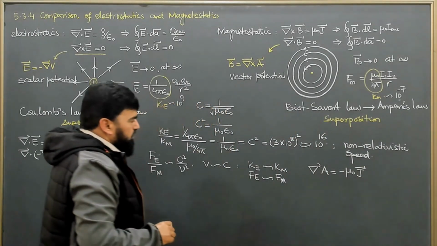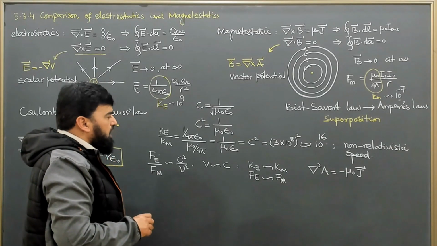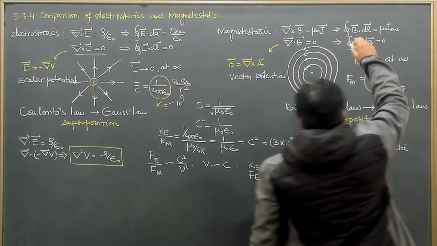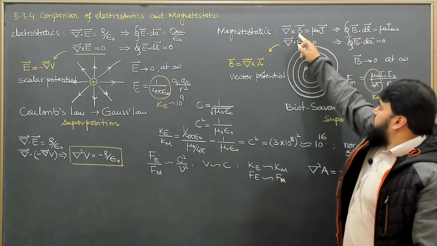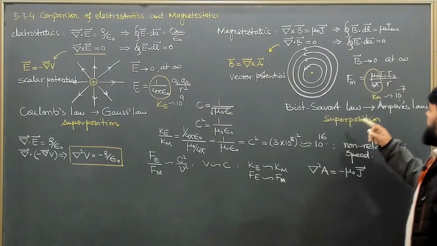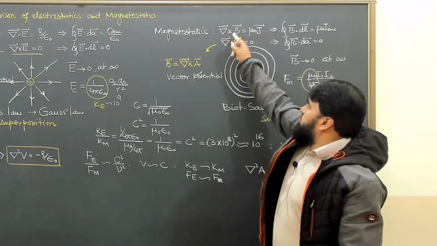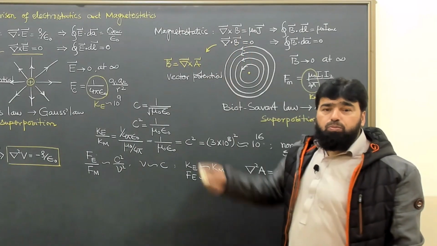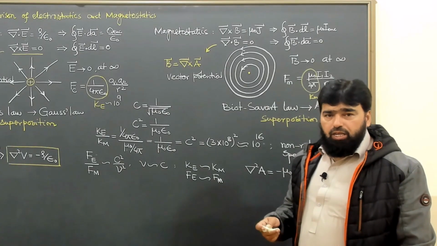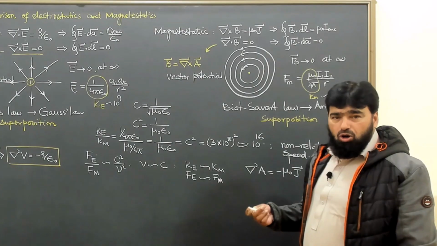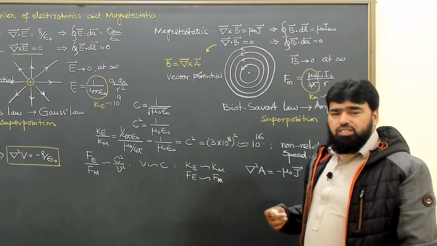If I want to see how this can be derived, I can go to the equation del cross B, and for B I write del cross A. So it will be del cross del cross A, and when I open that identity, I will get del of del dot A at one point and del square A at the other, and del dot A is 0 because the magnetic vector potential is not diverging.